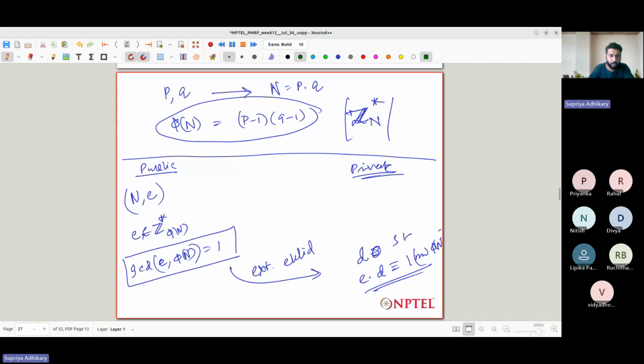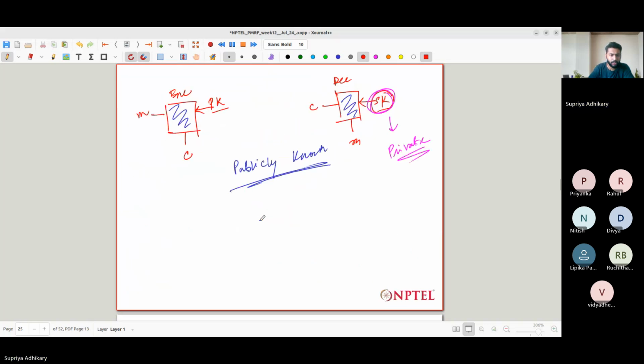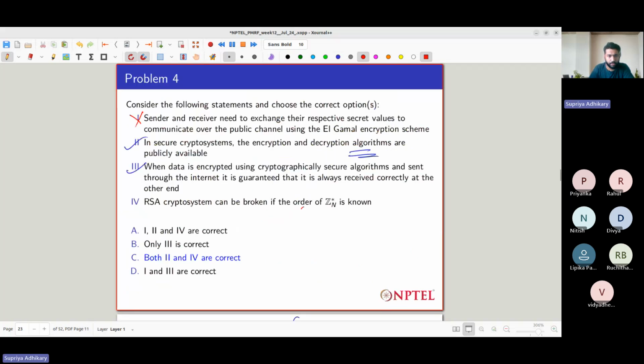Now, if somehow the attacker or anyone other than the key generator gets hold of this phi of n, then it can very easily, using the extended Euclidean algorithm, generate this d. So d would be known to the attacker, and therefore the RSA crypto system can be broken if this order is known.